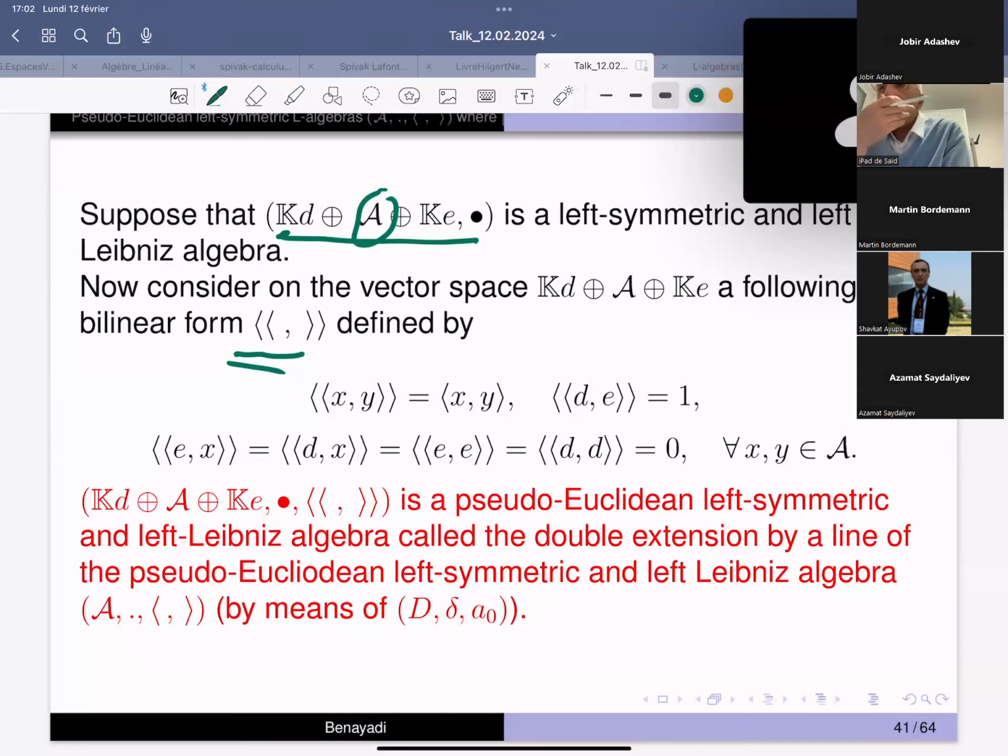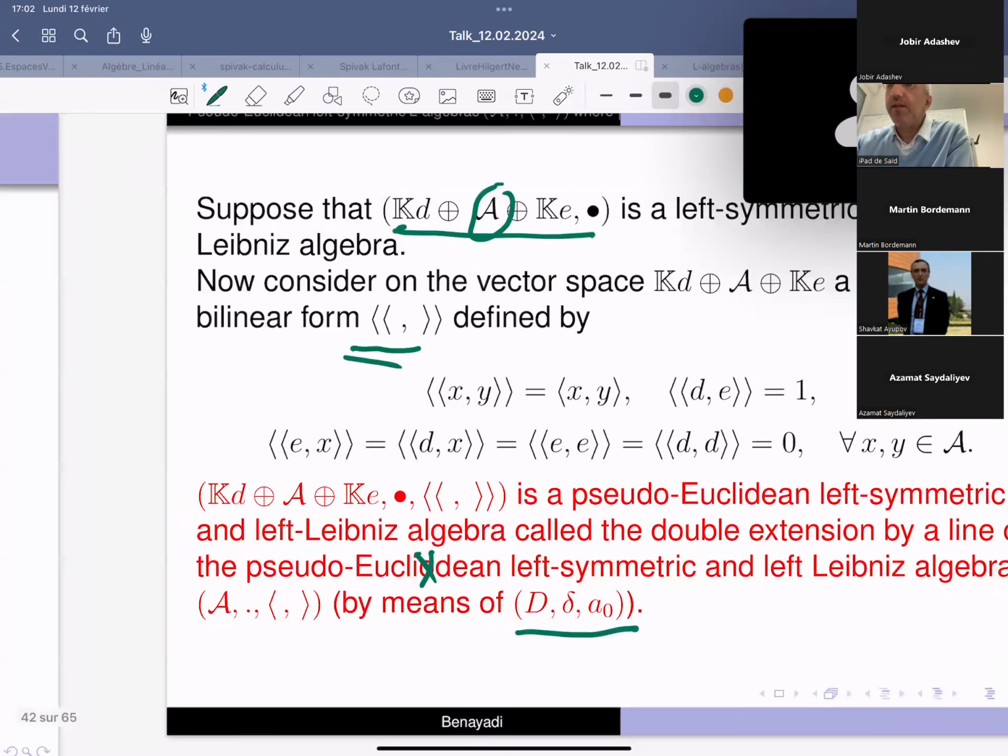In this case, we have a left symmetric and left Leibniz algebra, which is called the double extension by a line, by one-dimensional, of the pseudo-Euclidean left symmetric and left Leibniz algebra by means of this data with this condition. Okay.